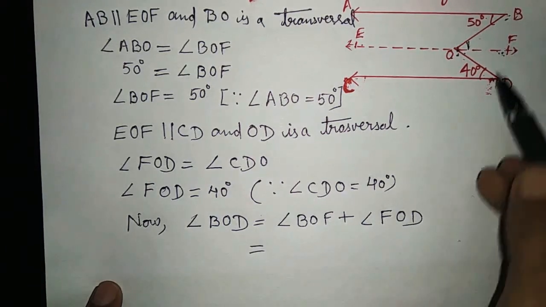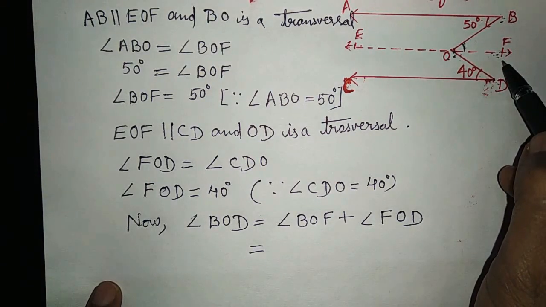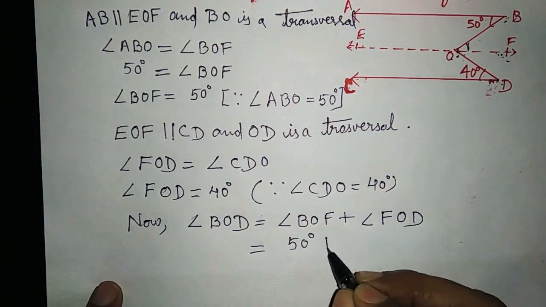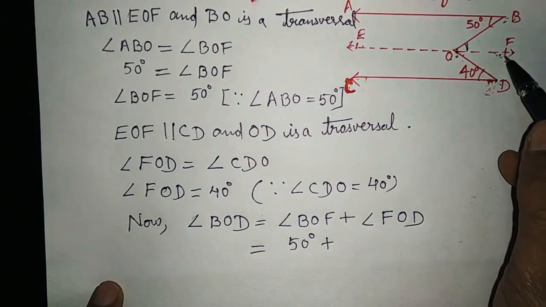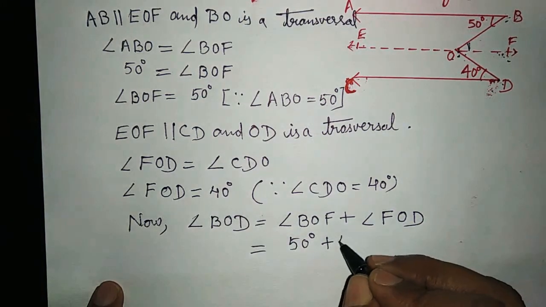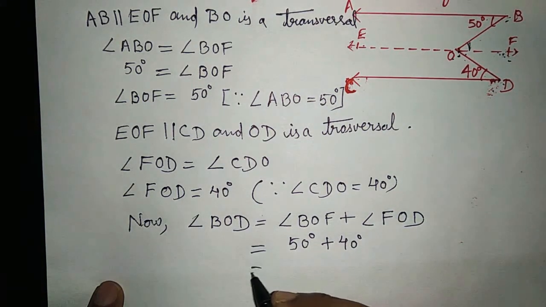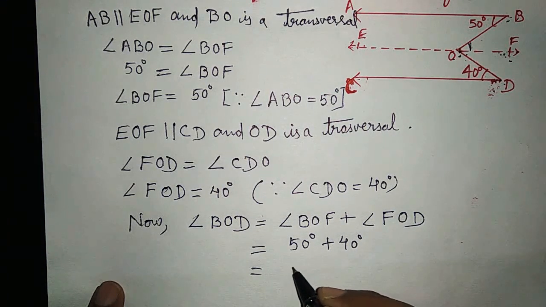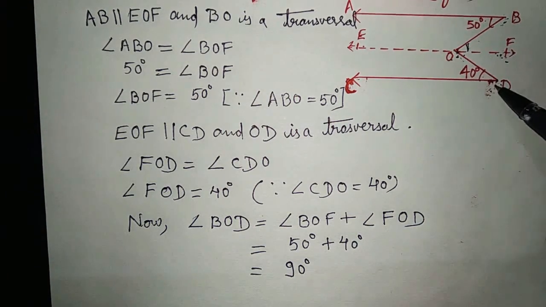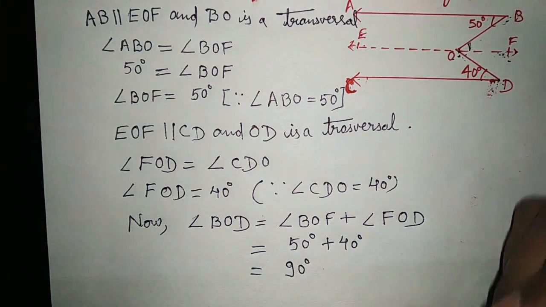So the measure of angle BOF, how much is coming? 50 degrees. And FOD, here we have calculated 40 degrees. So what is coming? 90 degrees. Hence the measure of angle BOD is 90 degrees.